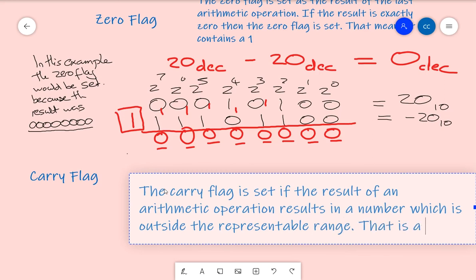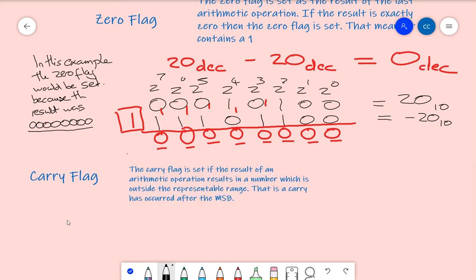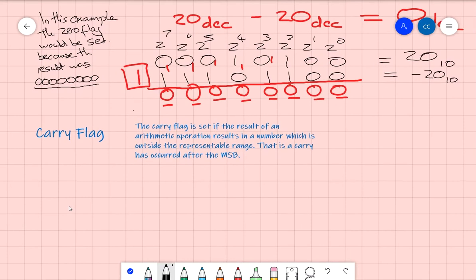That is, a carry has occurred after the most significant bit. So let's look at an example for the carry flag.